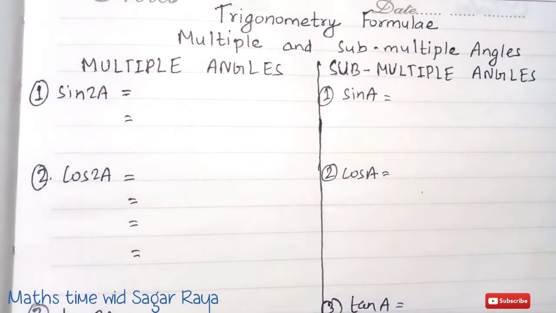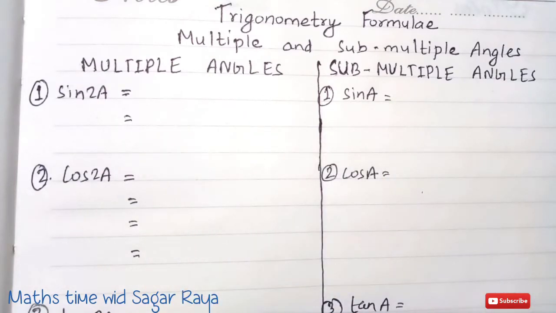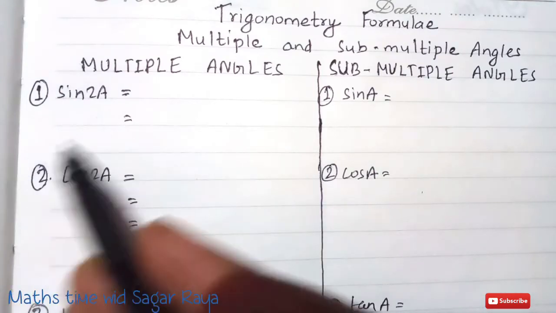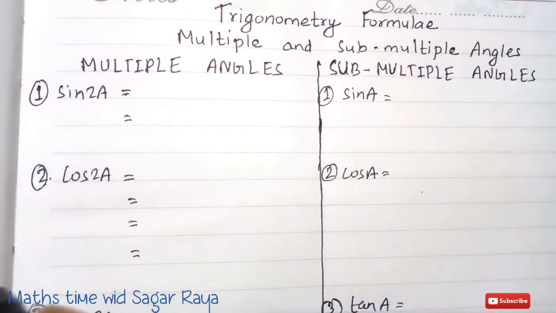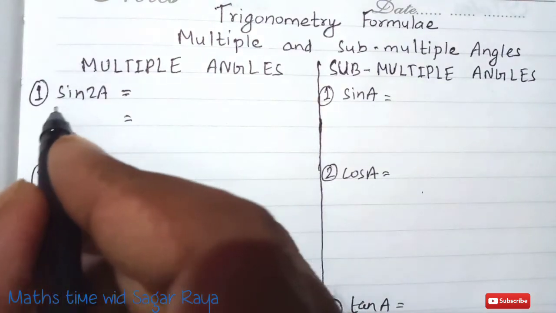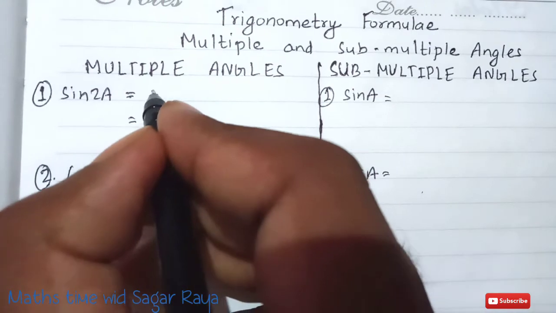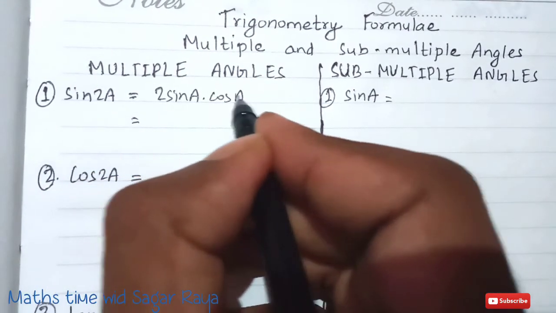Similarly, there are some more formulas relating to multiple angles and submultiple angles. Now I am going to write the formulas of multiple angles and submultiple angles, and explain a trick to memorize them. The formula for sin 2a equals 2 sin a dot cos a.